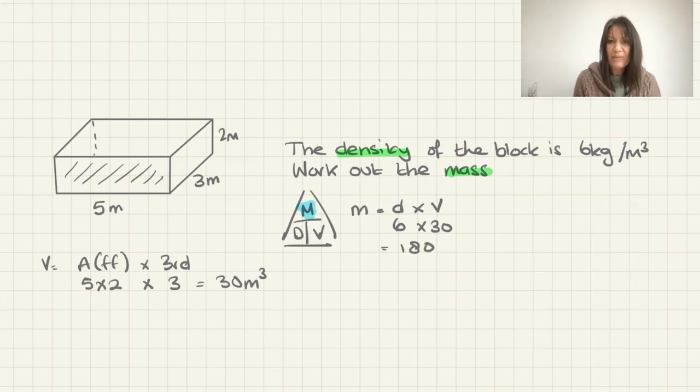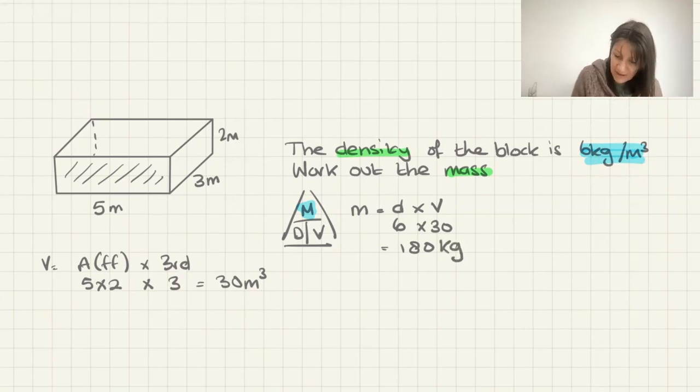And then what are my units? Okay. So you go back to the question and you look for those units. Density is, in this question, kilograms per meters cubed. Meters cubed links to my volume. Kilograms links to the mass.